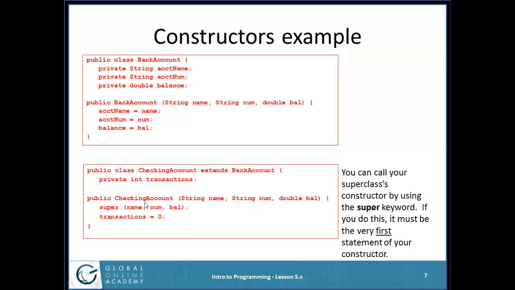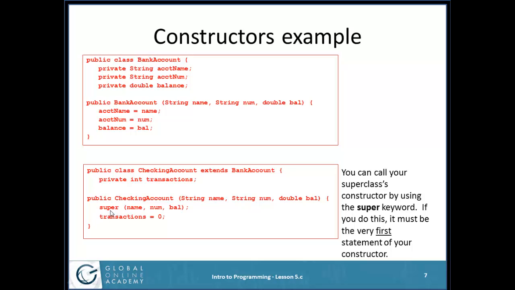So let's say I've got a constructor for CheckingAccount that passes in the name, the number, and the balance. I can say, hey, superclass, find the constructor that takes a string variable, an int, and a double. Execute yourself. This says superclass constructor.